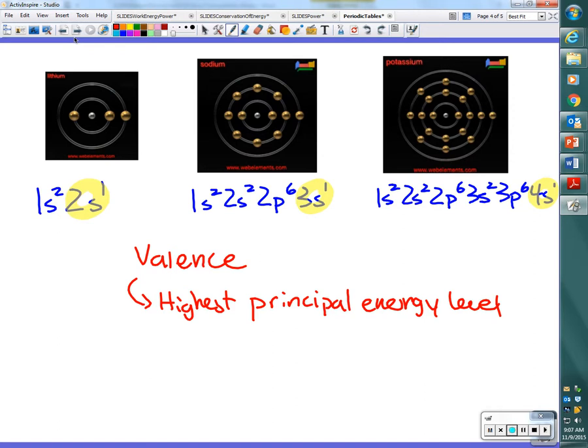Sodium has 11 total electrons, but how many valence electrons? 1. Which energy level is that electron in? The third energy level. How many electrons total does potassium have? 19. But how many valence electrons does it have? 1. Good? All right. There's a reason why I gave you these 3, right?